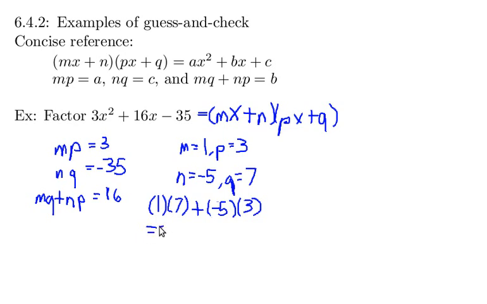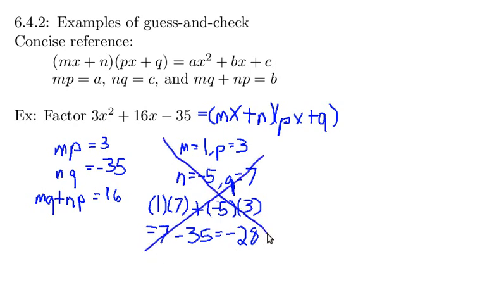So this is going to be 7 minus 35 equals, well, it's not 16 is what it's not going to be. It's going to be negative 28. Yeah, negative 28. So that is not going to work, because this does not equal 16.